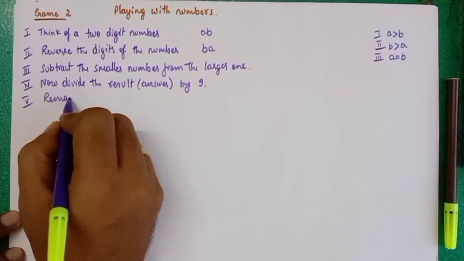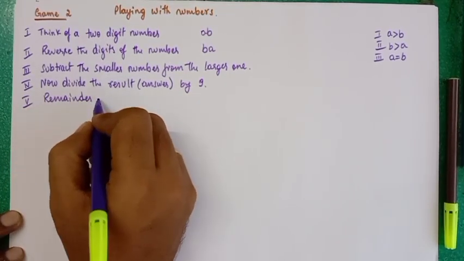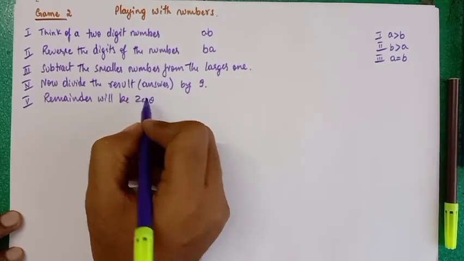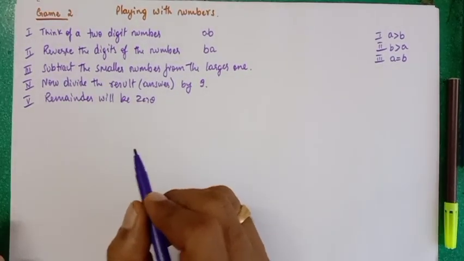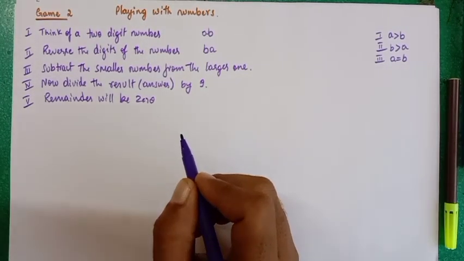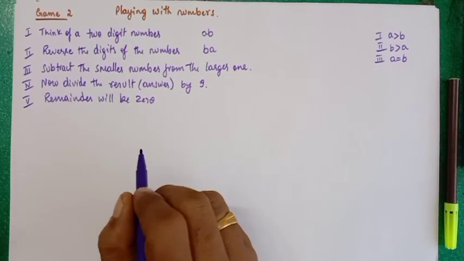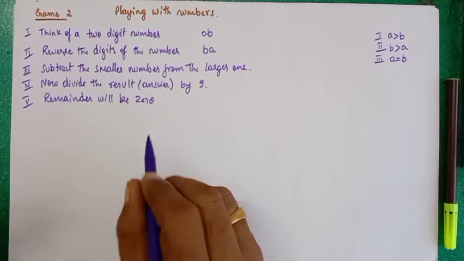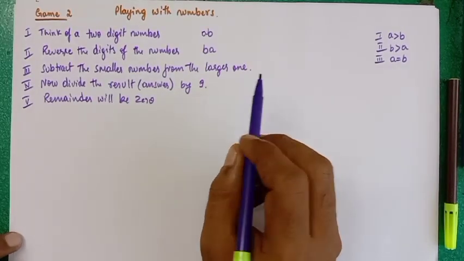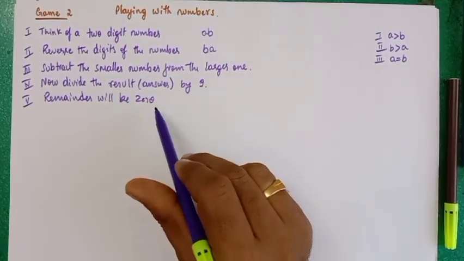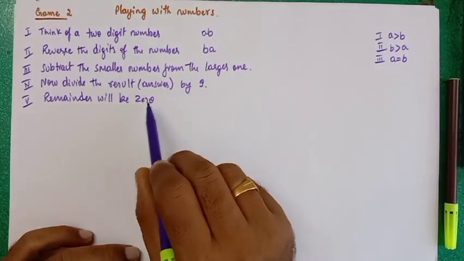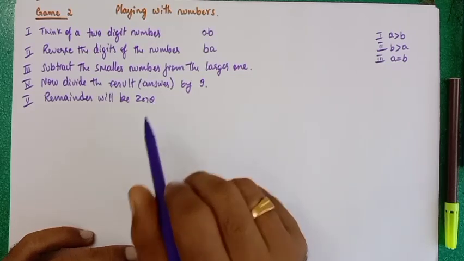Remainder will be 0. Is it not? Yes, I am sure it is. You can play with any number of your choice. I am not speaking about the divisor or dividend, I am speaking about the remainder. When you divide the result by 9, you will be getting 0 as the remainder.